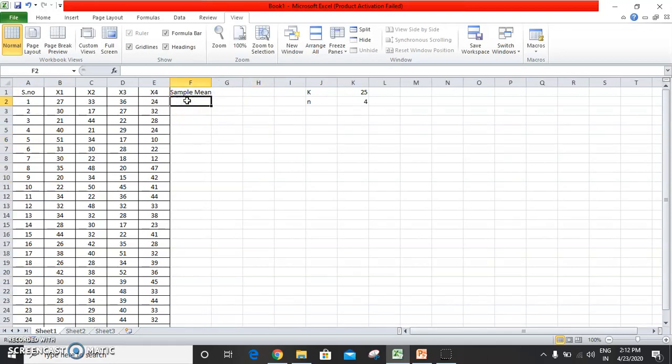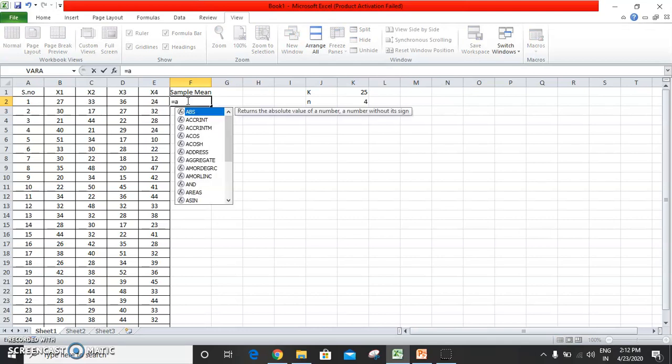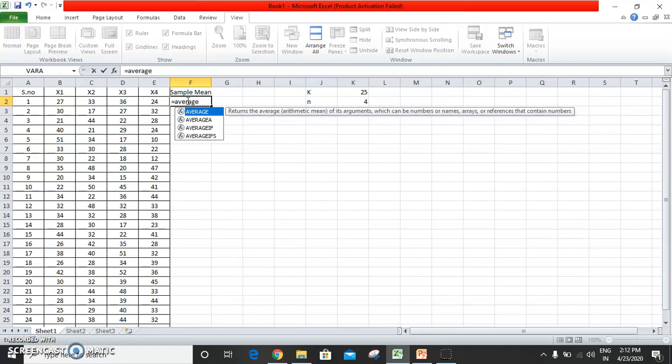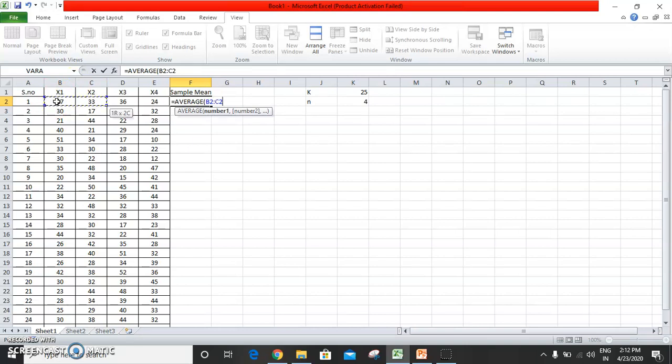To calculate the sample mean for this sample of 25, with 4 observations, we can just write average and select the values from B2 till E2 and press enter.